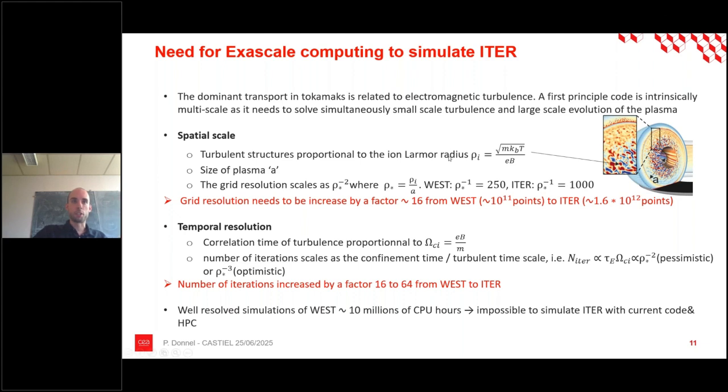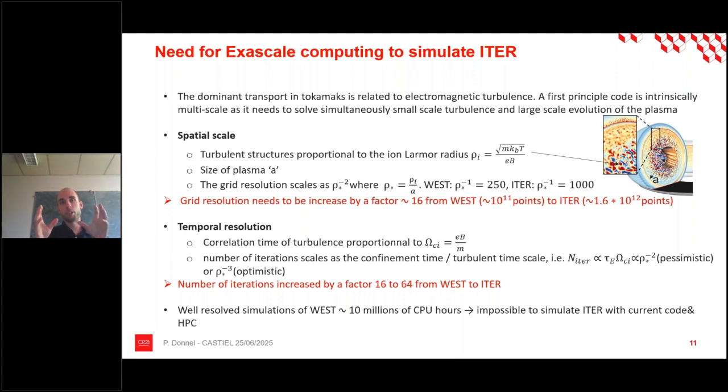So that's for the spatial scale. And actually, we have more or less the same on the temporal resolution, because the correlation time of turbulence, so what we need to describe temporally, scales like the cyclotron frequency. Whereas we need to actually simulate the confinement time, which I mentioned at the beginning of the presentation.